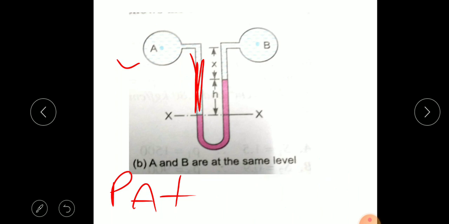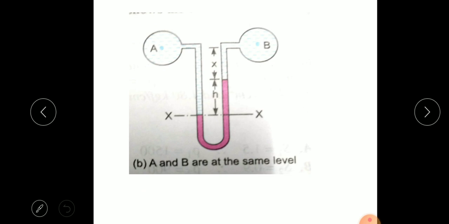Now we can write on the right side above the datum line, above this xx. There is this much height of mercury present. So the pressure because of that will be rho g H for mercury, where g is gravitational acceleration, plus, supposing the density of the fluid is the same at point B, rho 1 equal to rho 2, and g, and its height is X, plus the pressure at point B, pB.